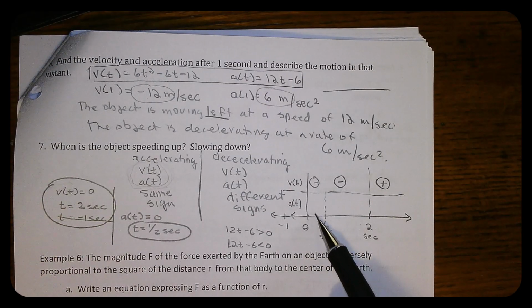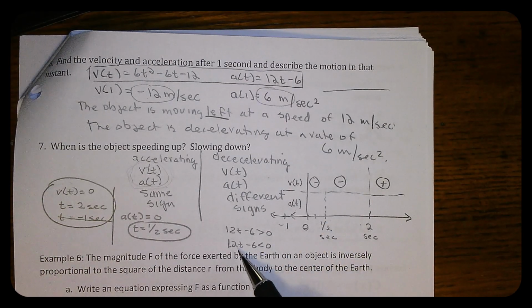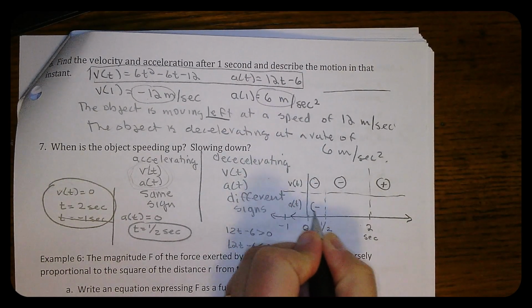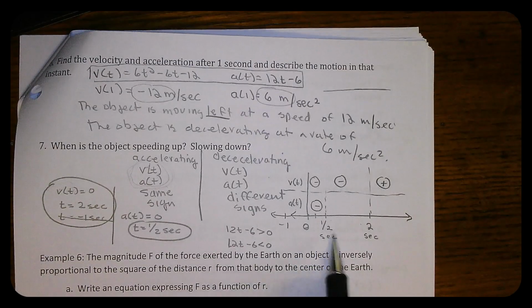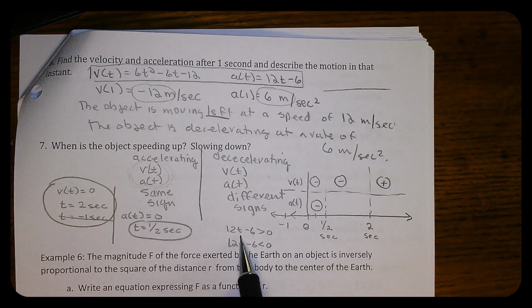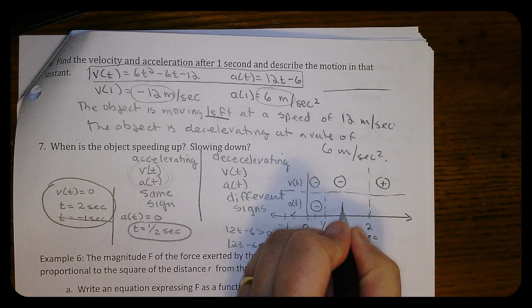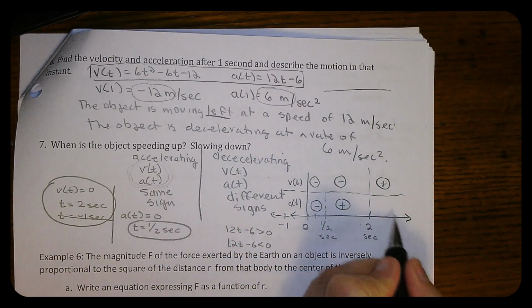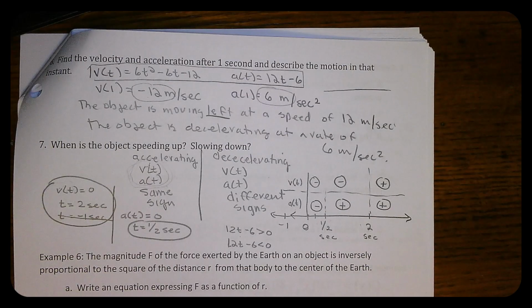So if you pick a number smaller than 1/2, like 1/4, you can see that's going to be negative. And if you pick a number bigger than 1/2, like 1, you can see that 6 is greater than 0. So that's positive, and then it's going to be positive. Okay, so now you have a sign chart where you can tell where the signs of both velocity and acceleration are.